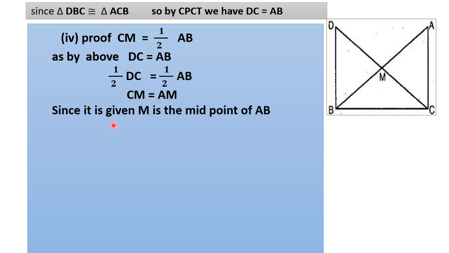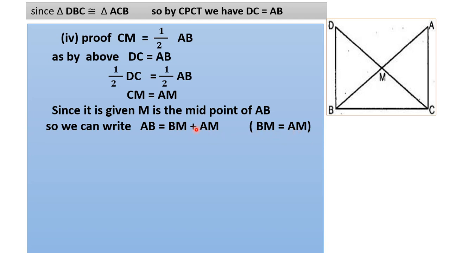Now remember, it is given that M is the midpoint of AB. That means BM and AM are both equal parts of the hypotenuse AB. So the hypotenuse AB is in two parts, a combination of BM plus AM, and since M is the midpoint, BM and AM are equal parts.